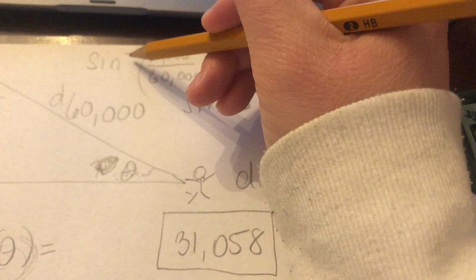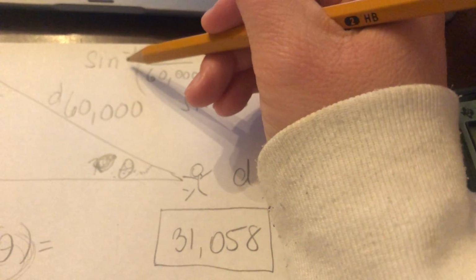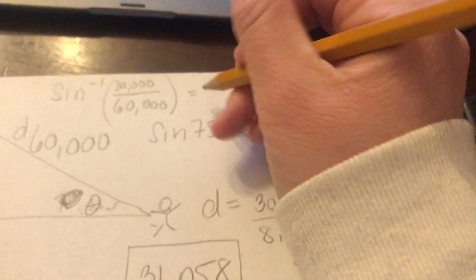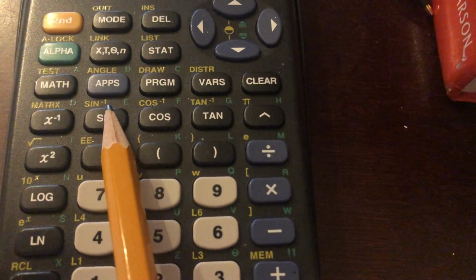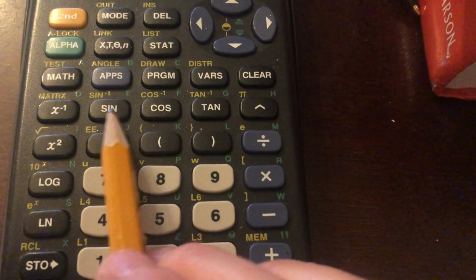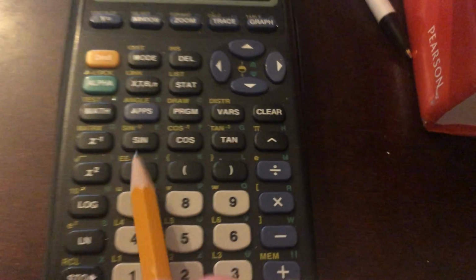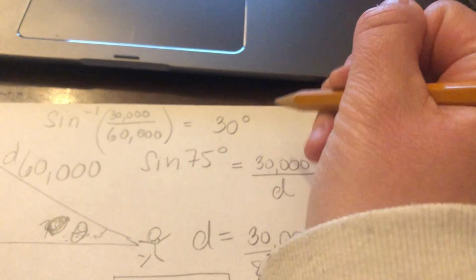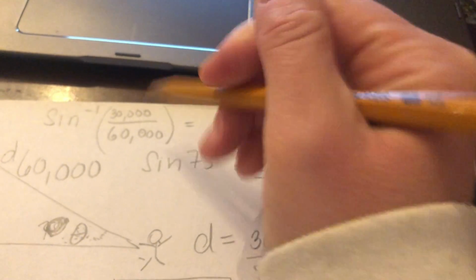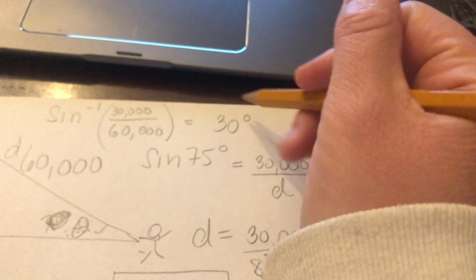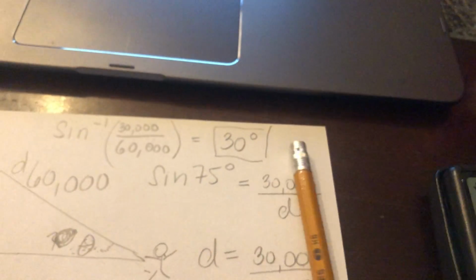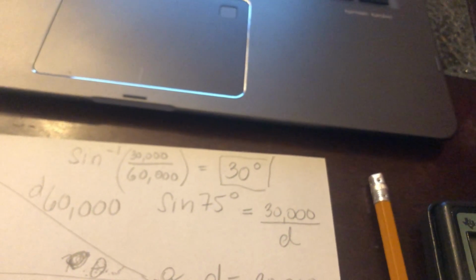So it's basically saying what angle will give me a sine of 1/2. And you can put that in your calculator using the second button and then this button here. I happen to know off the top of my head that the sine of 30 degrees is 1/2. So it's going to be 30 degrees.